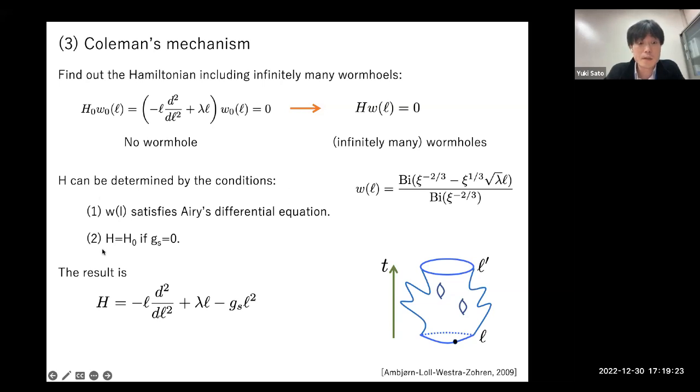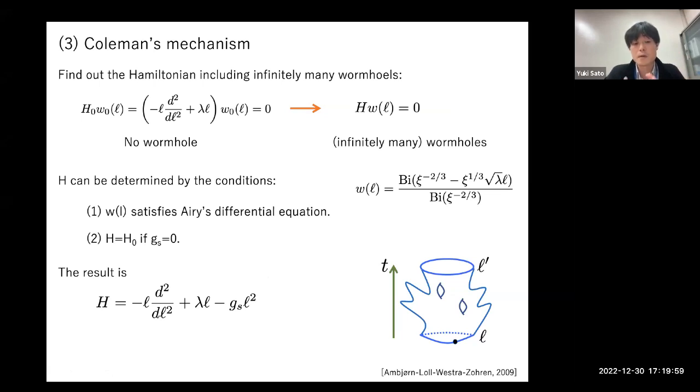And the second condition is that if you turn off the string coupling constant, the Hamiltonian should coincide with this H naught, the Hamiltonian without wormholes. So by these two conditions, you can fix the Hamiltonian. This is a very simple one. The point here is that this is the one body Hamiltonian. It is not the many body Hamiltonian of a many body system. This is just the one body Hamiltonian.